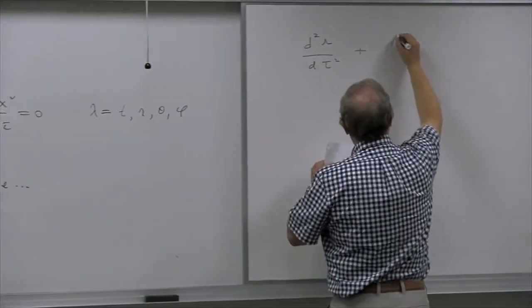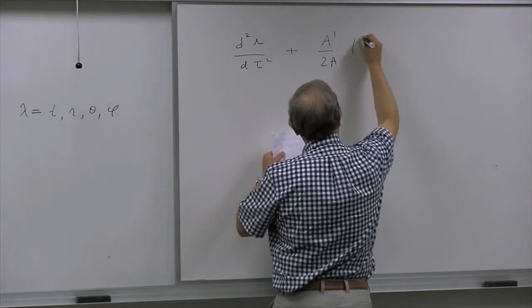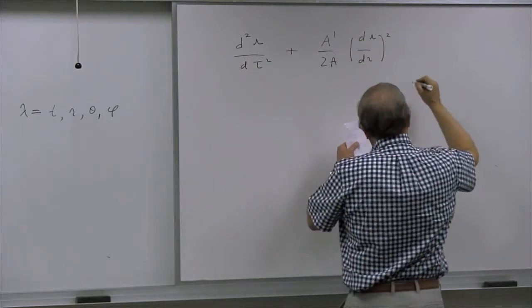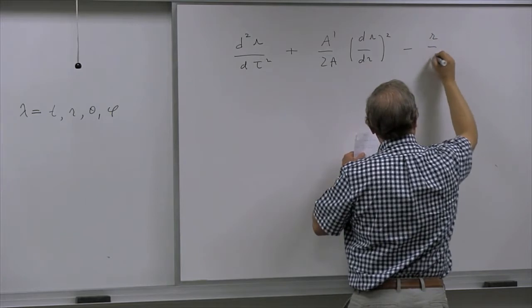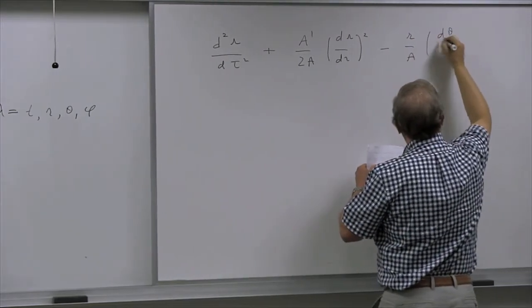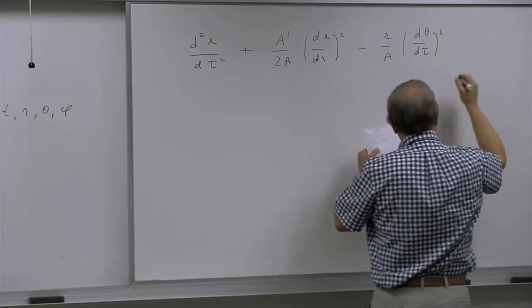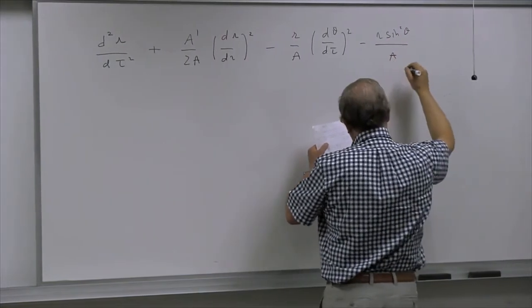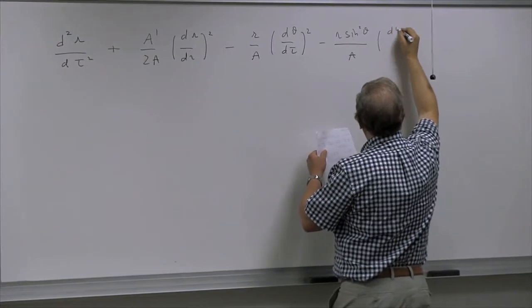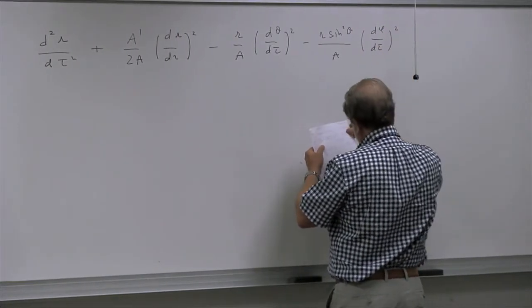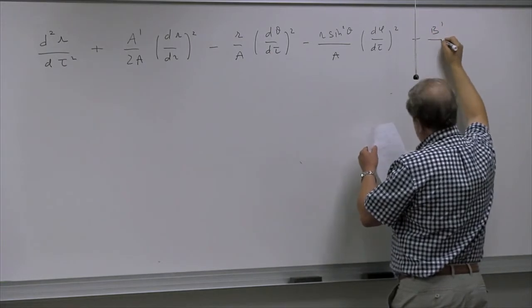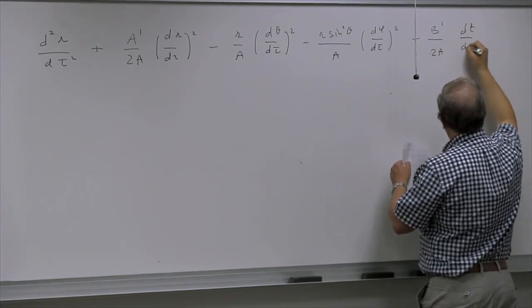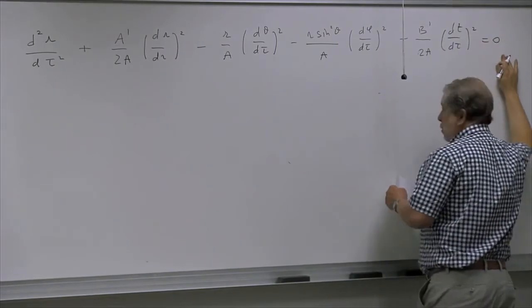So a prime over 2a times (dr by d tau) squared, minus r over a (d theta by d tau) squared, minus r times sine squared of theta divided by a times (d phi by d tau) squared, plus b prime over 2a times (dt by d tau) squared, and this is equal to 0. So that's the r equation.